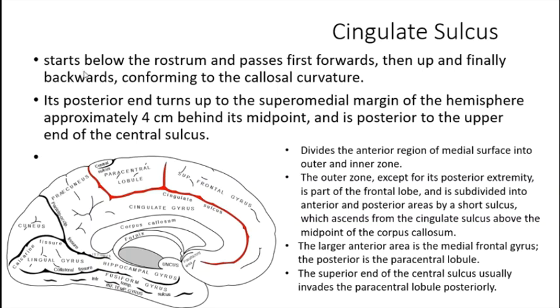So it starts below the rostrum. Anything which is rostral is closer to the nose, and the rostrum in this case is a particular area which will be discussed later. It first passes forward, then up and then finally backwards, conforming to the callosal curvature, meaning the curvature of the corpus callosum.